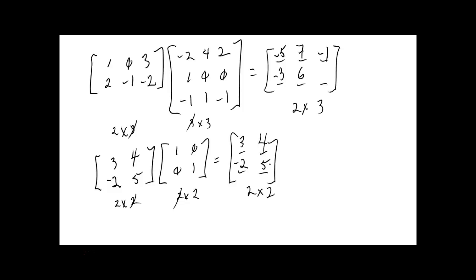Okay, so this is called the identity element. First thing it is, it has to be a square matrix. Second feature, you've got ones on the diagonal. The main diagonal are all ones, and everything else is zero.